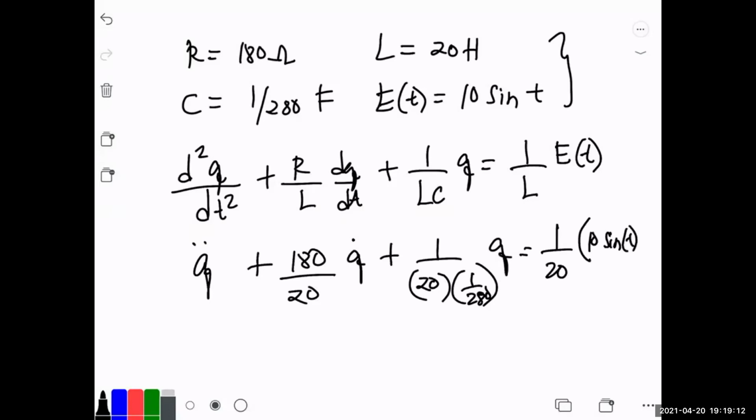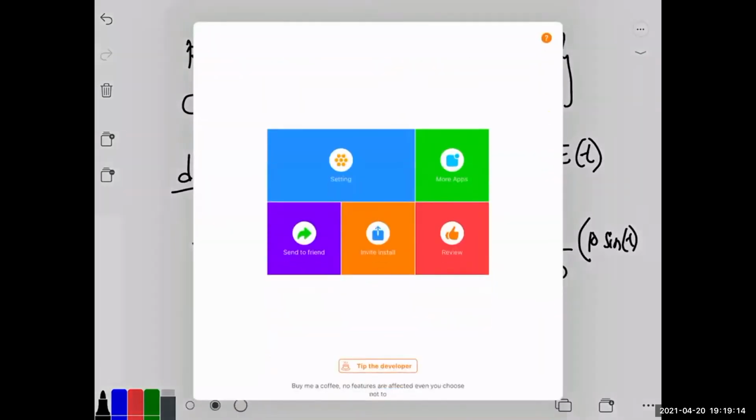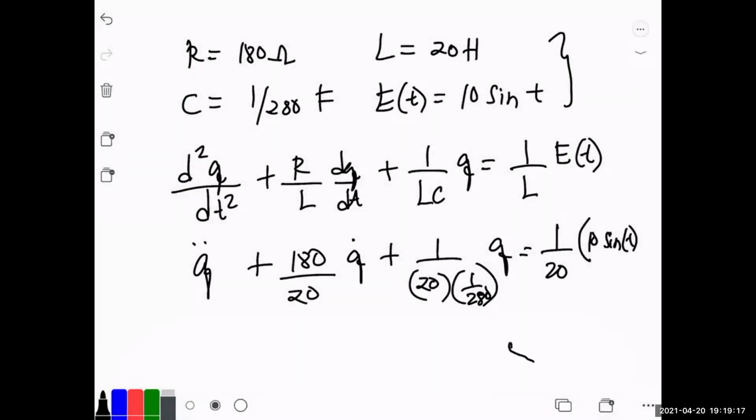Okay, so this is sine of t. And we can simplify this. So this is q double dot plus 9q dot plus 14q equals 1 half sine of t, right?